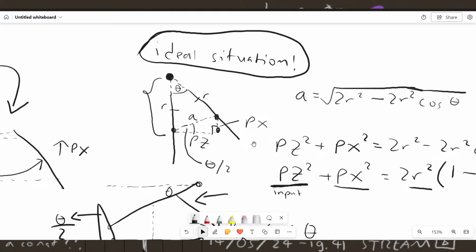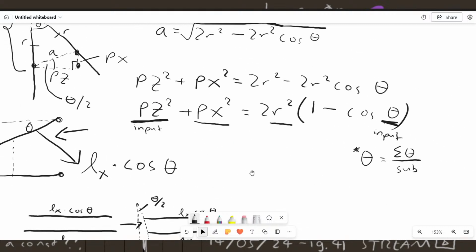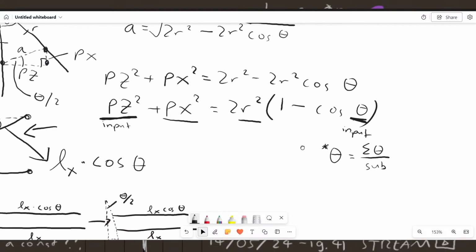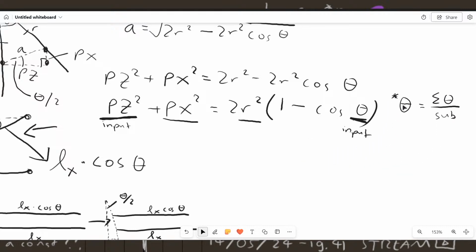Okay, so by the way, we can substitute px for another thing using the cosine rule from a and this and this. Shall we try that? I'll move this here.